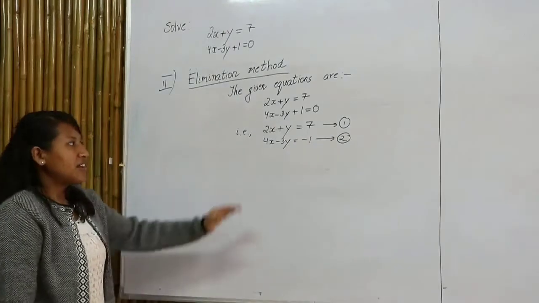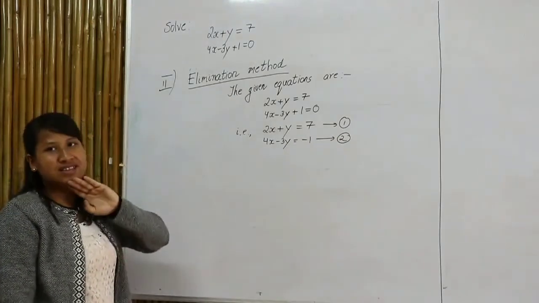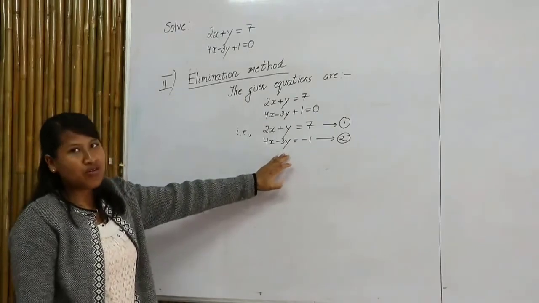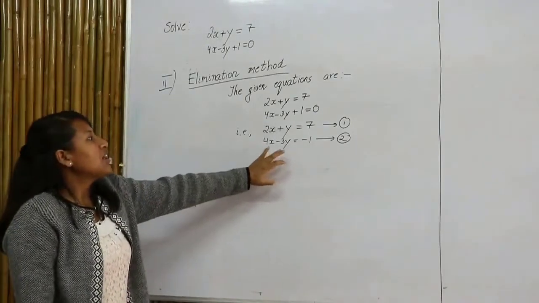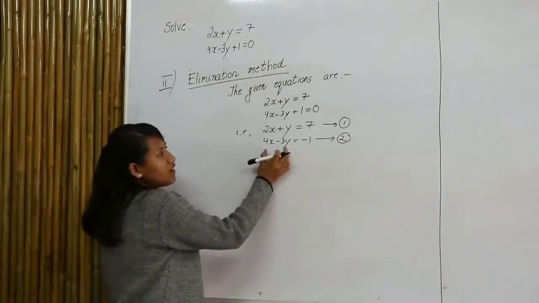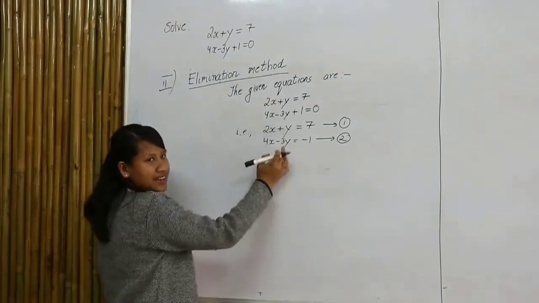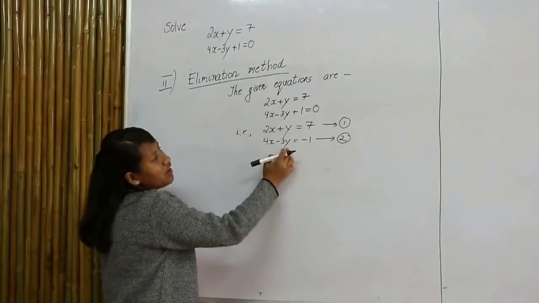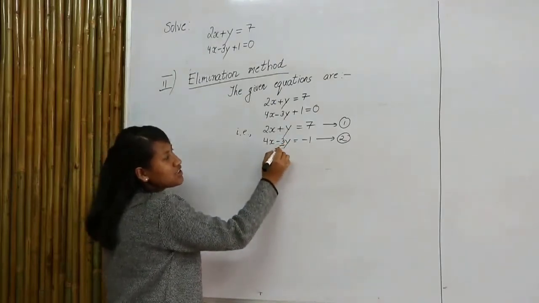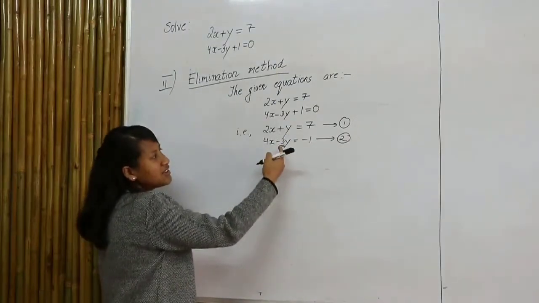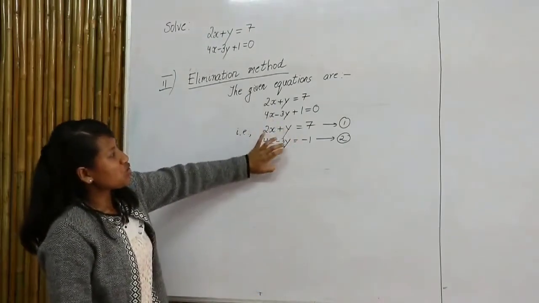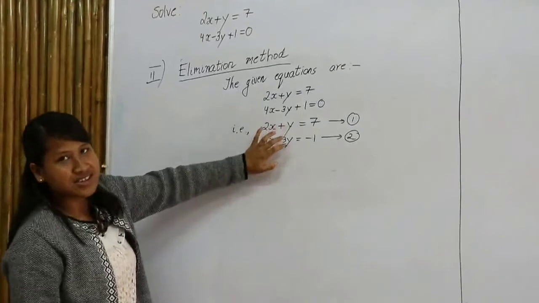Now it depends. You can choose the x variable or the y variable. I'll choose the y variable. Now here the coefficient is 3, don't take the signs, but here it is 1. So you make sure that they are the same.